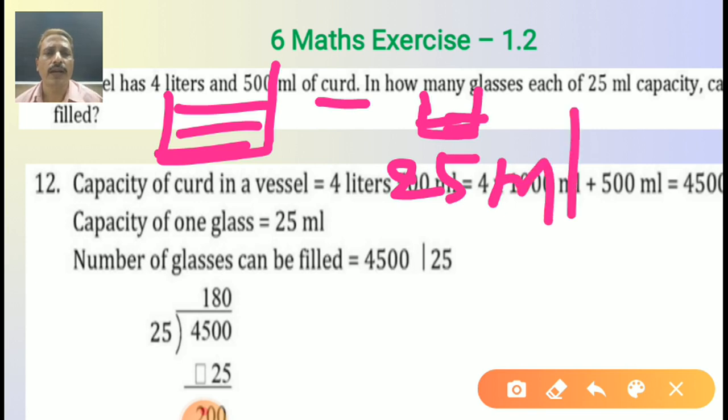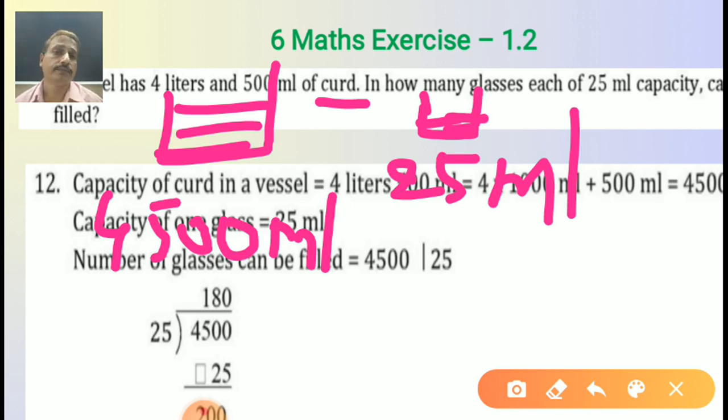One cup is 25 ml. And how much does it have? 4,500 ml. Don't subtract. What do they ask? How many cups can be filled? So division.